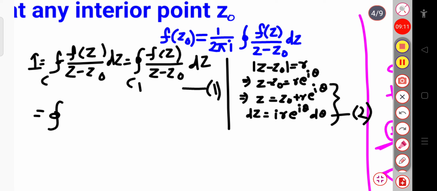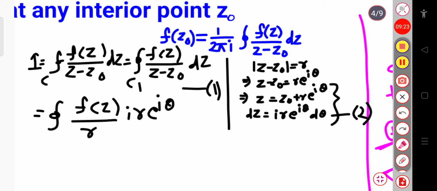So, this will be f of z divided by r, since z minus z0 is r. In place of dz I am writing i r exponential i theta d theta. Okay. Now, this r gets cancelled. In place of z, I write z0 plus r exponential i theta, so this will be f of z0 plus r exponential i theta.